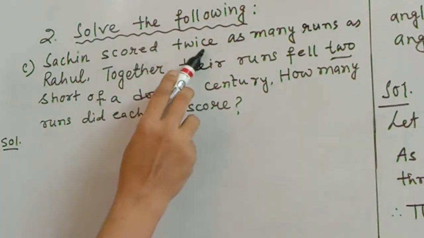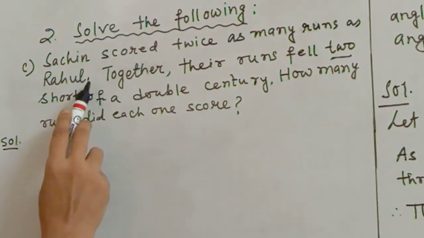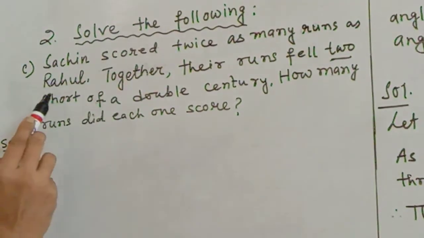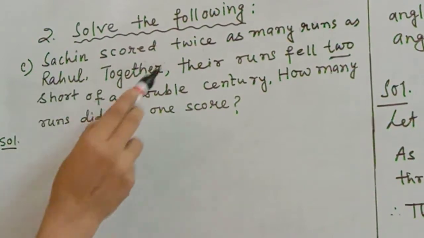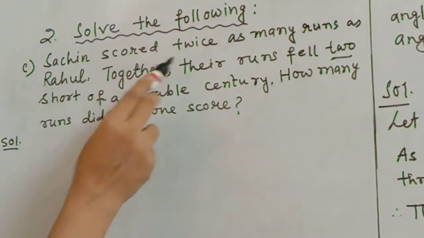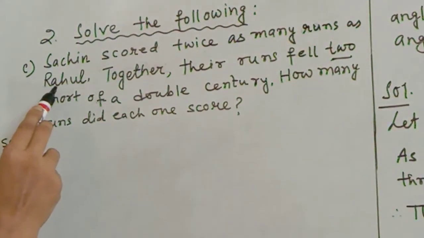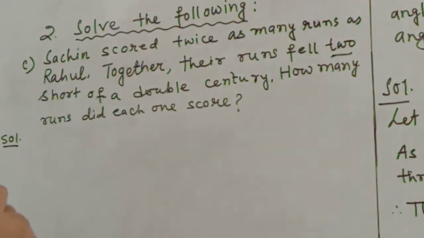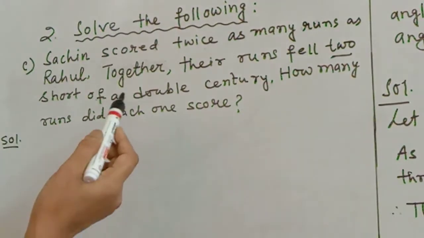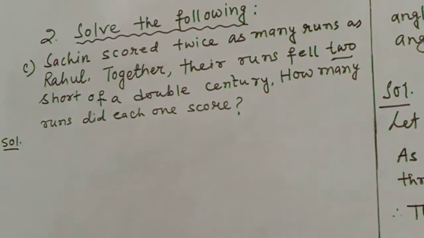Sachin scored twice as many runs as Rahul. So, students, if I take the variable x for Rahul's runs, then Sachin's score will be 2x.